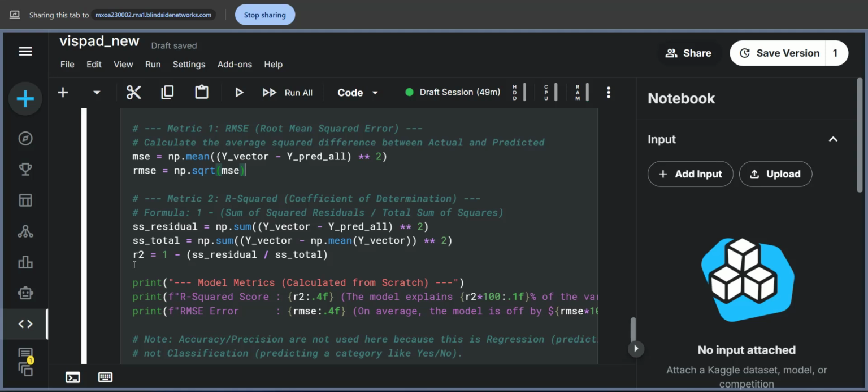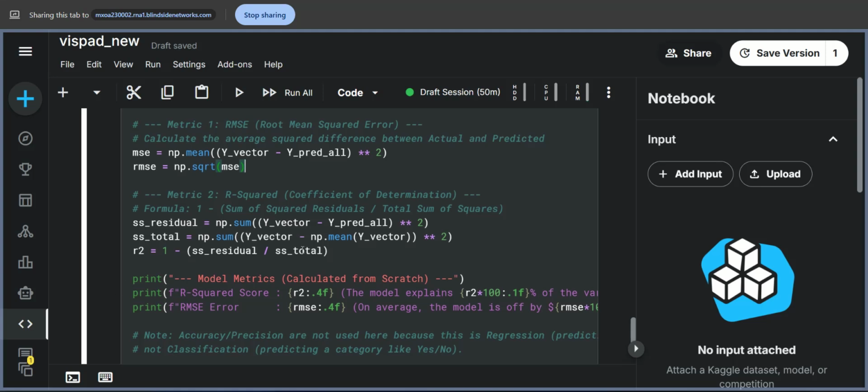So we have the residual, which sums all the difference between the target value and the predicted value. And then the total also sums the target value minus the mean of the target value, and then squares all of them and finds the sum.